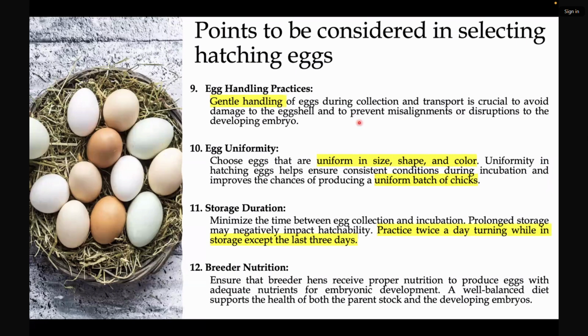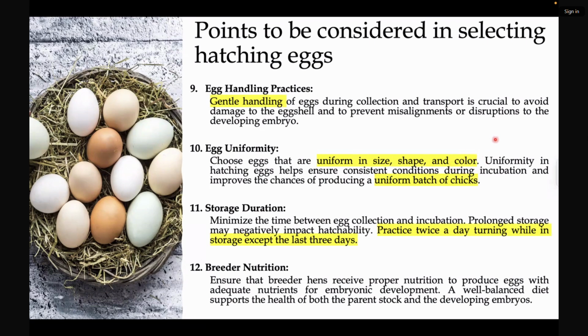Egg uniformity: uniform in size, shape, and also color. Why is color mentioned here? Because the eggshell thickness is different between brown and white shell eggs, right? So if we have a similar kind of eggs, it is easier to handle.